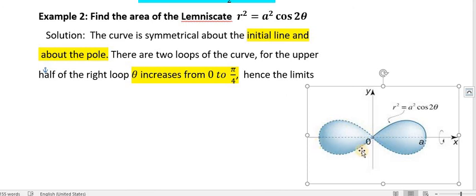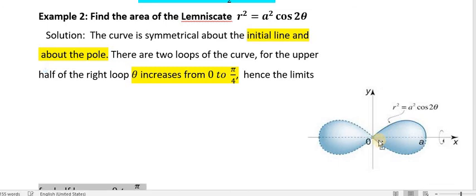It has 2 loops, both loops are identical and the initial axis is the x-axis, and above the x-axis and below the x-axis it is also symmetrical. Therefore, the total area of this lemniscate is 4 times the area in the first quadrant.